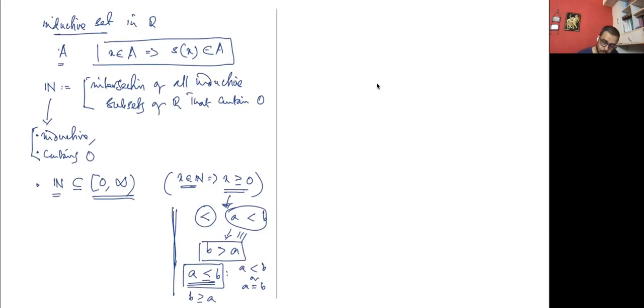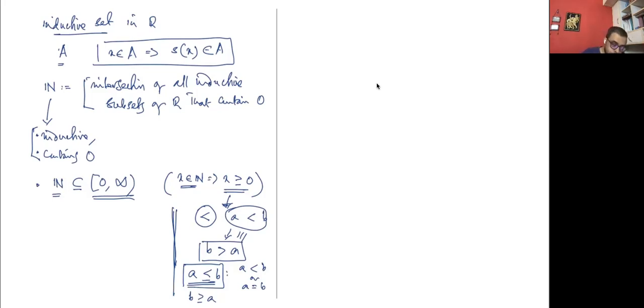As we are used to these notations, we'll use them freely without explaining them again. So this set of natural numbers, they're all non-negative.